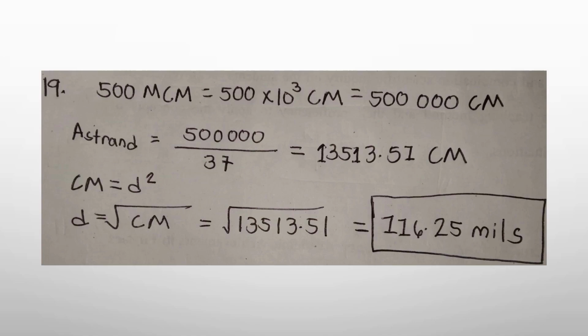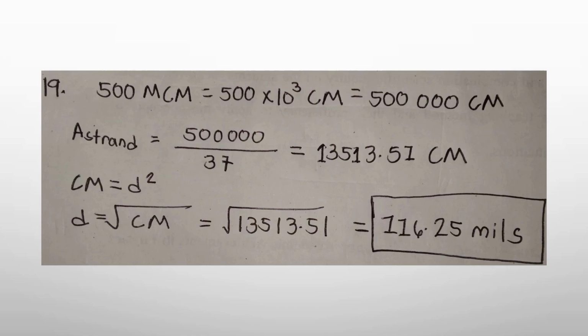First, we need to convert the MCM into cm, which will be equivalent to 500 times 10 raised to 3 cm, since 1 MCM is equivalent to 10 raised to 3 cm, and we will get 500,000 cm. And to get the cm per each strand, we only need to divide it by its number of strands, which is 37. 500,000 divided by 37 will be equivalent to 13,513.51 cm.